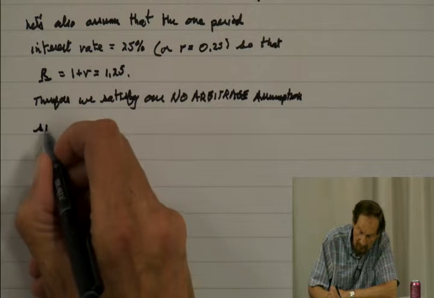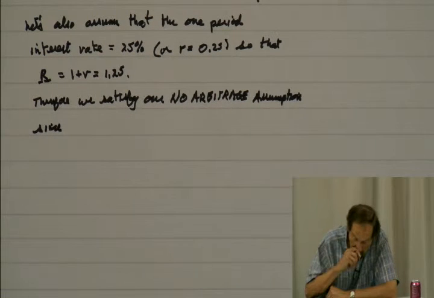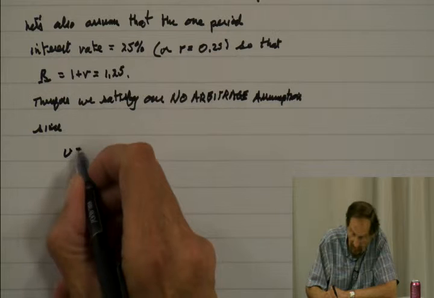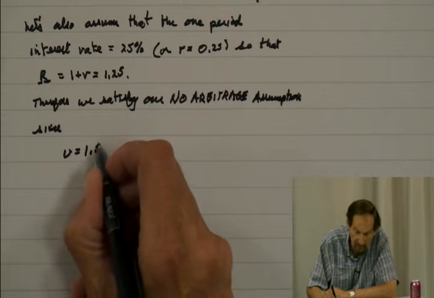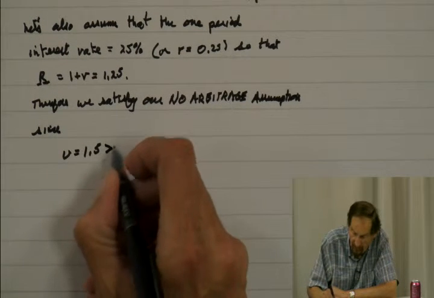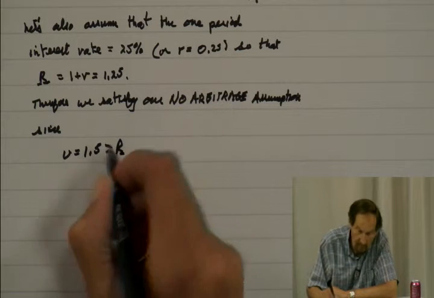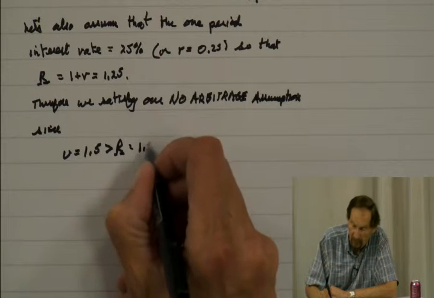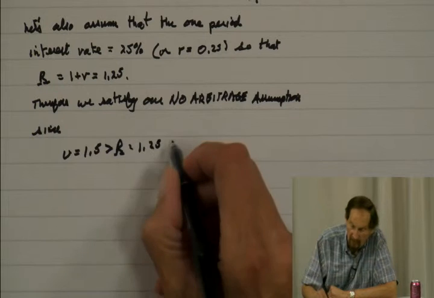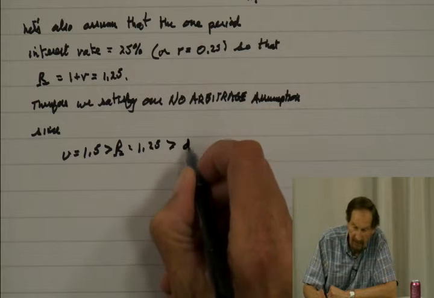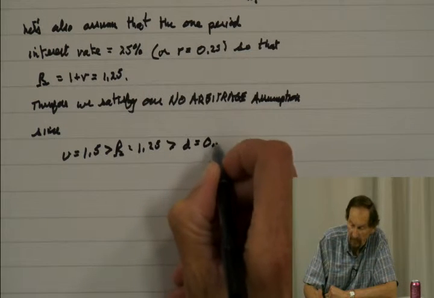Since we have U equals 1.5, which is greater than R equals 1.25, which is strictly greater than D equals 0.5.